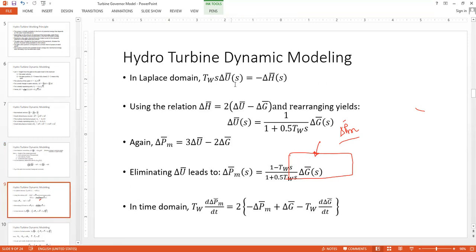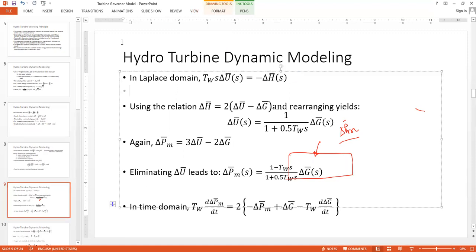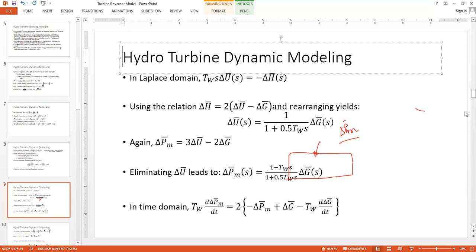So all the variables are now in the form of del s. d by dt has become s. This is the simplification in Laplace domain.